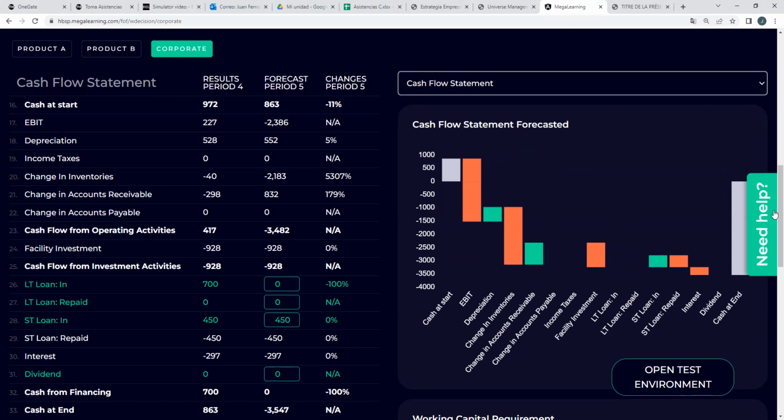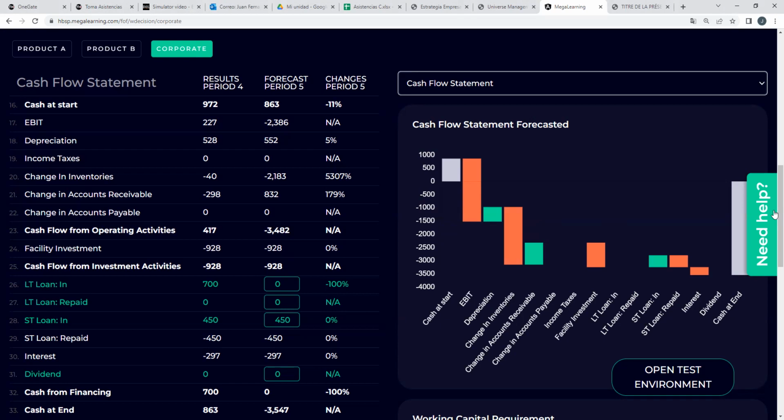Here you have cash at the start, and you have different items that can either increase or decrease your cash, and at the end you have one position, which at this point is negative, minus 3,000 and a half. The boxes in your color are the boxes where you need to put information, because those are decision boxes.